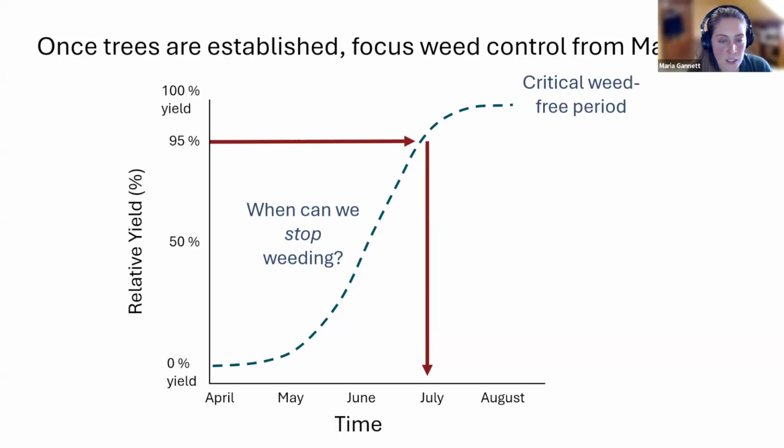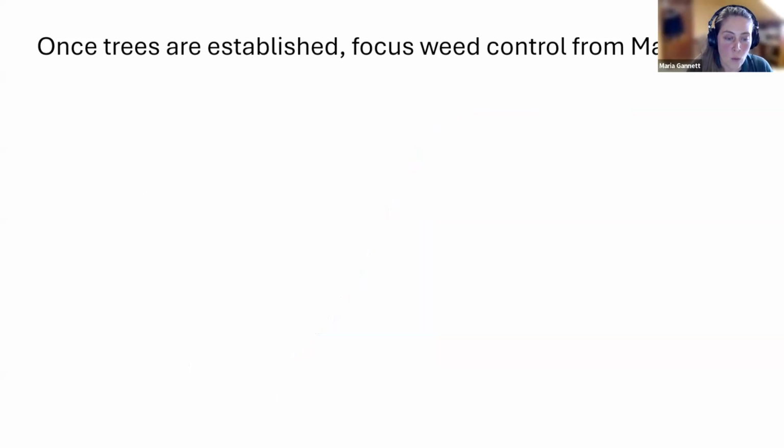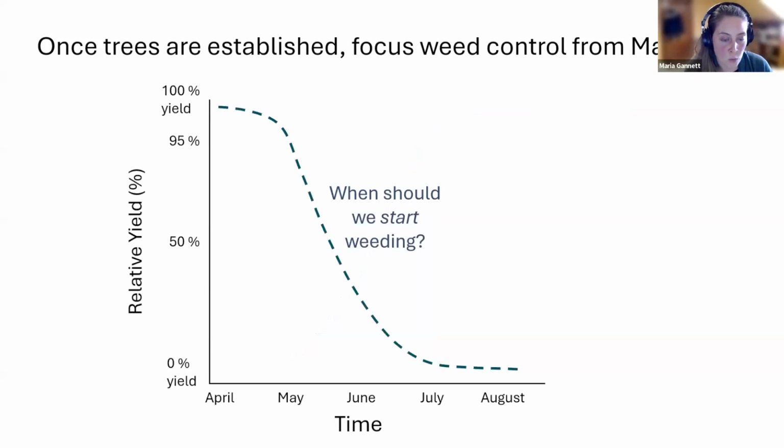We could also ask this question the opposite way. When should we start weeding? Should we start weeding really early in the spring and then continue on through till harvest, or should we not start until harvest? If we again go with that 95% yield, 5% yield loss, this research has shown that May is the time you need to start weeding.